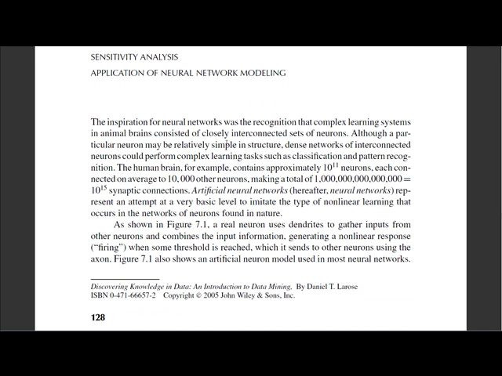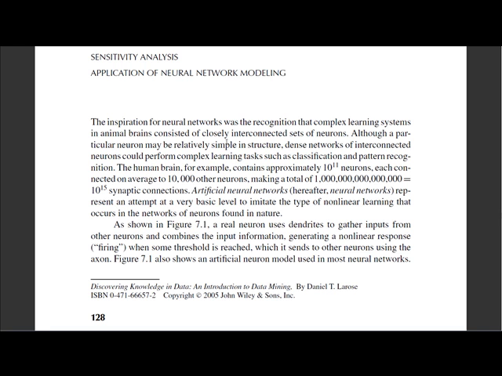The inspiration for neural networks was the recognition that complex learning systems in animal brains consisted of mostly interconnected sets of neurons. So animals and humans have very complex learning systems, and they observe that they consist of interconnected sets of neurons.